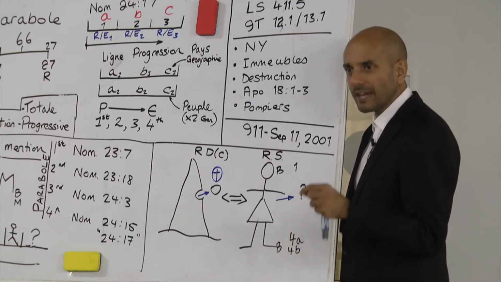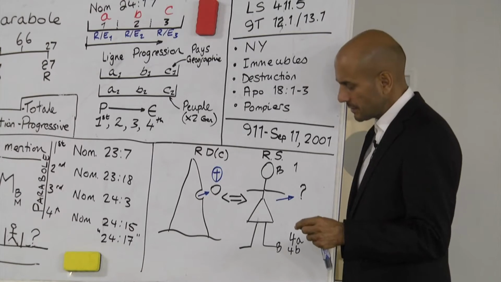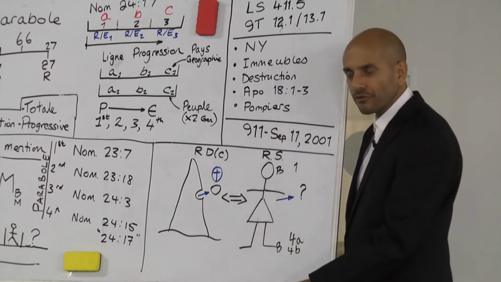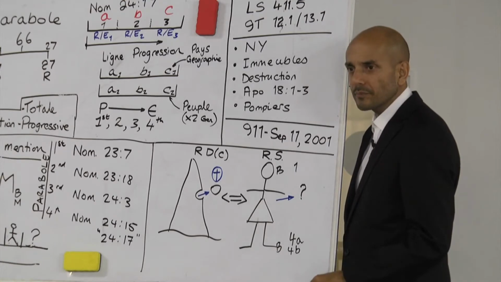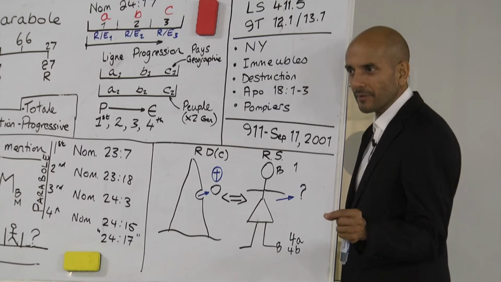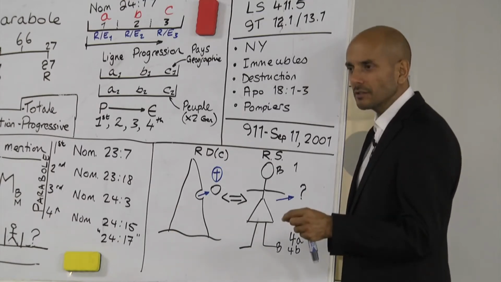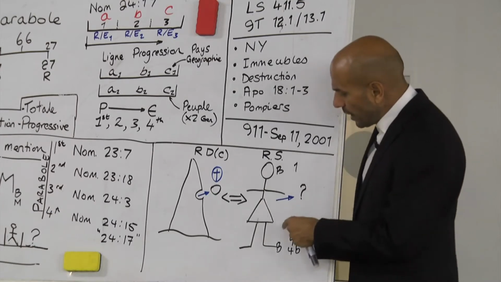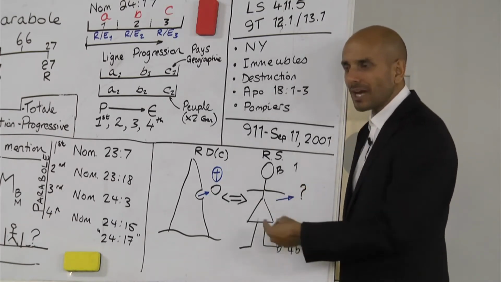And Nebuchadnezzar made sure it's uniformly gold all the way through, which is a repeat and enlarge of chapter 2. Good. So in Revelation 18, what comes out of Babylon?